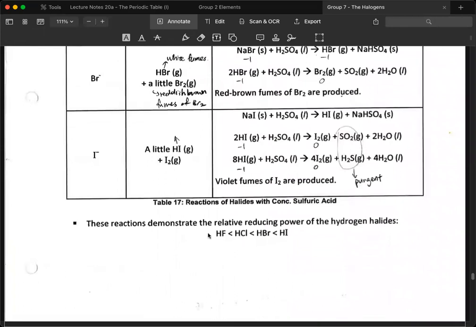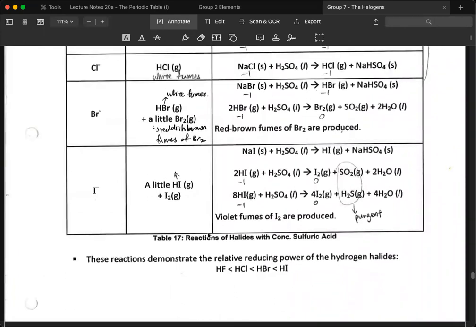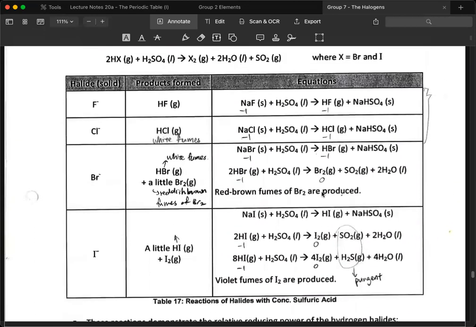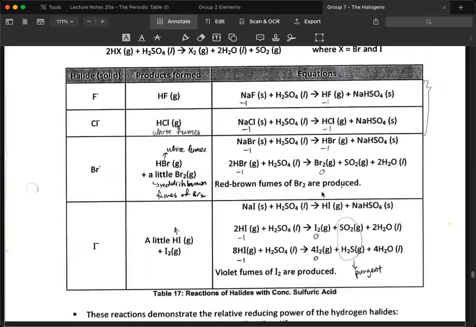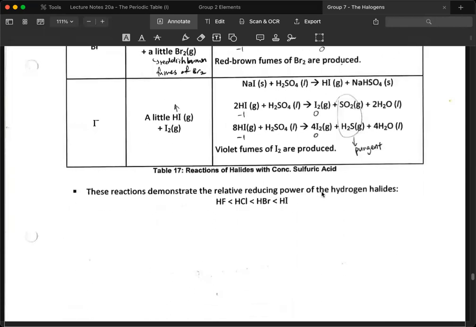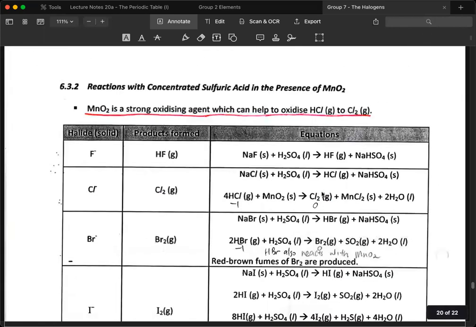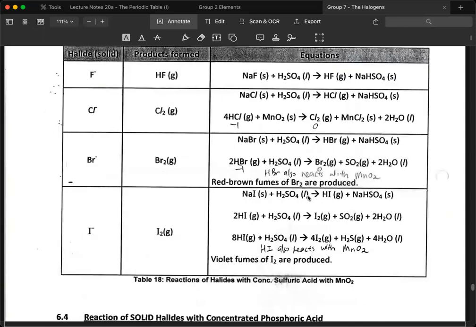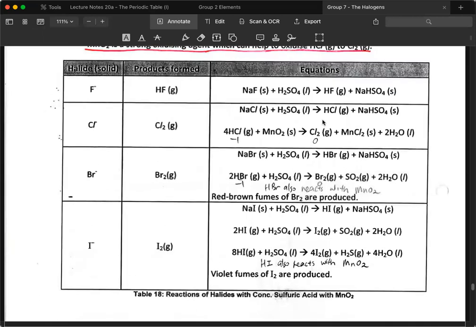This demonstrates the reducing power of the hydrogen halides. HI is the most reducing, and goes all the way, because it oxidizes. Lastly, reaction with concentrated sulfuric acid in the presence of MnO2. MnO2 is a strong oxidizing agent, so you can oxidize HCl to Cl2. You can just read yourself about the reactions.